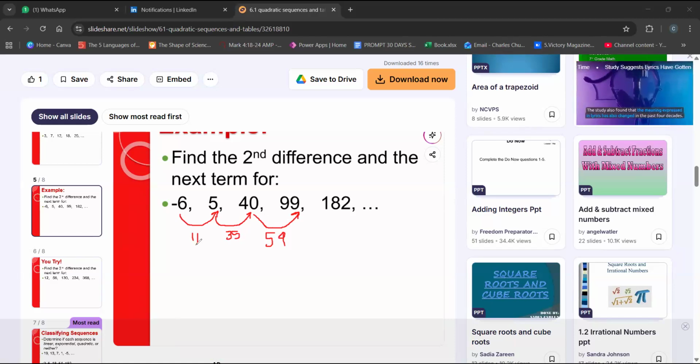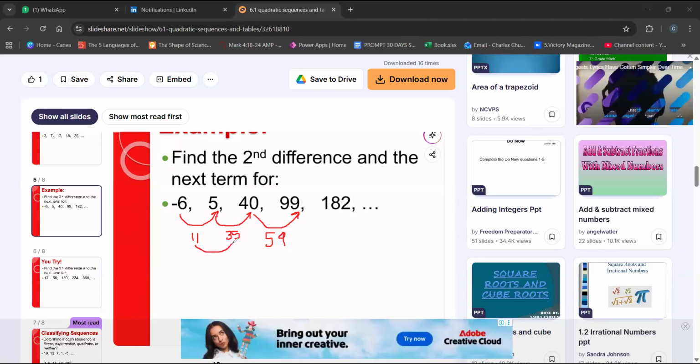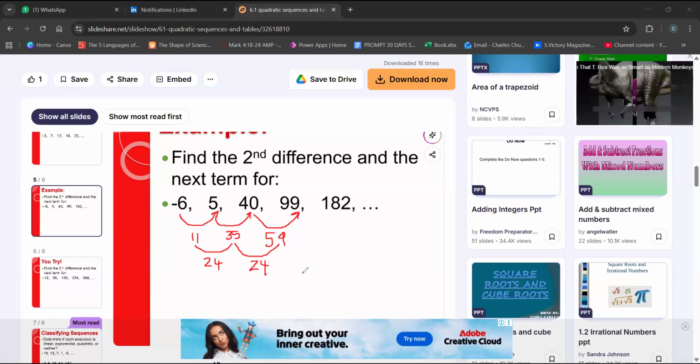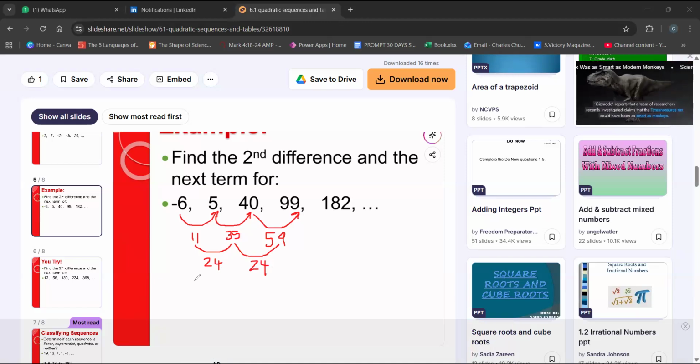Okay, so let's establish here between these ones that we discussed. From 11 to 35, between that is 24. 24, yes. And then this is also 24. So the second common difference is 24.